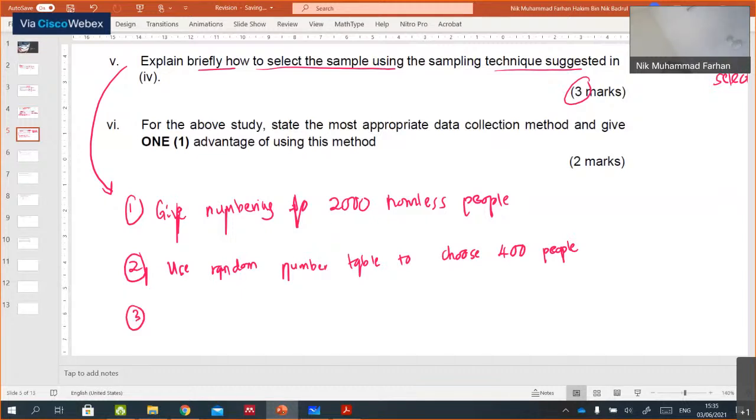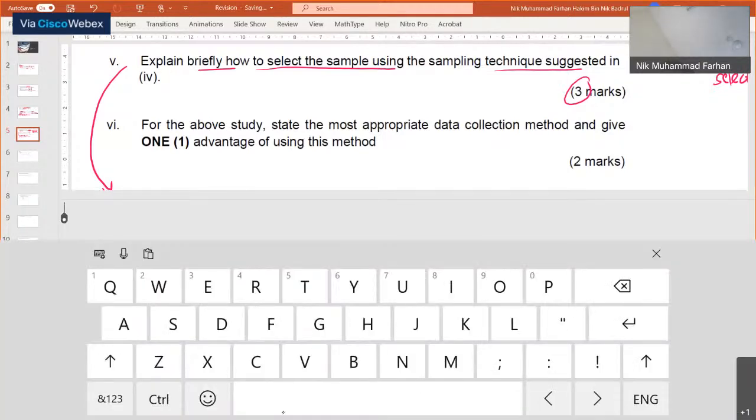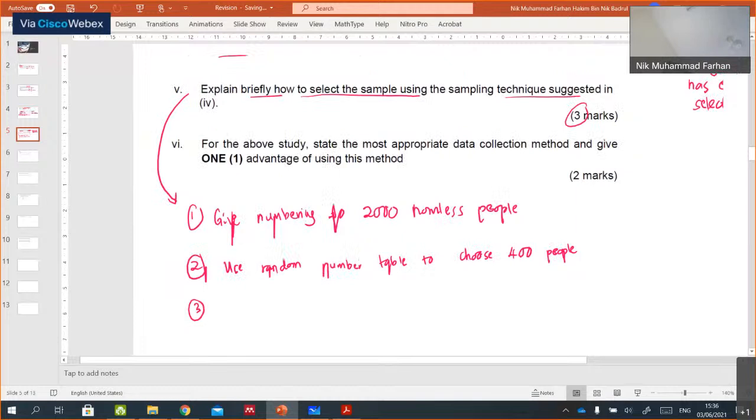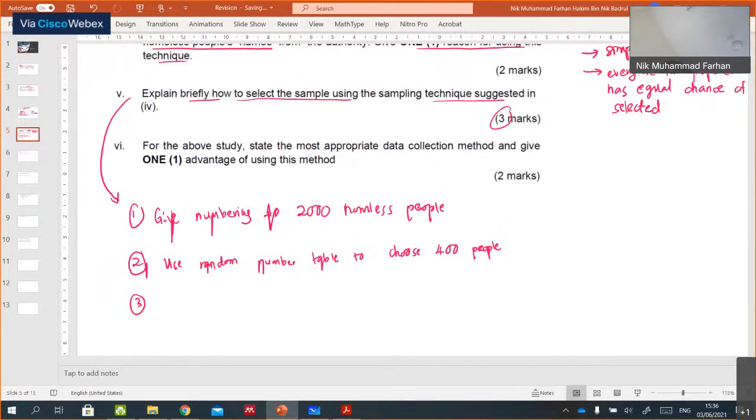Okay, how the sample is selected in the sampling suggested, all right, how to select the sample. Okay, give numbering, right? Use random number table.